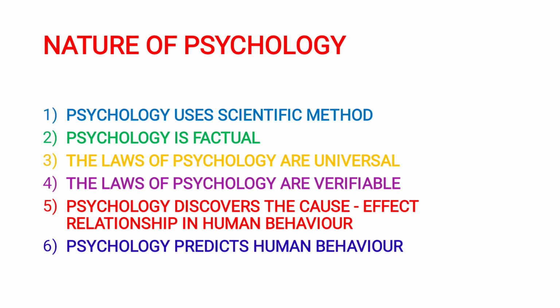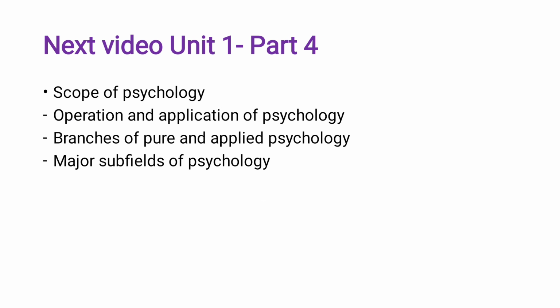And psychology discovers the cause-effect relationship, that is, the how of the behavior together with the what of the behavior. Then psychology predicts human behavior. It not only studies the cause and effect relationship but also what influence it is going to have on human behavior. My next video is on the scope of psychology, very important.